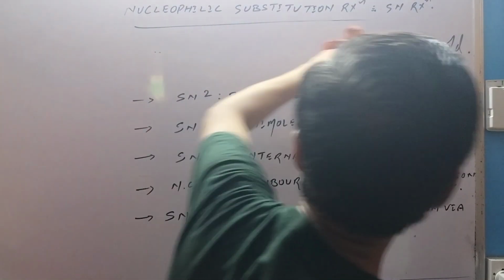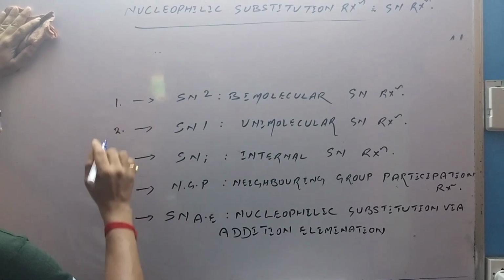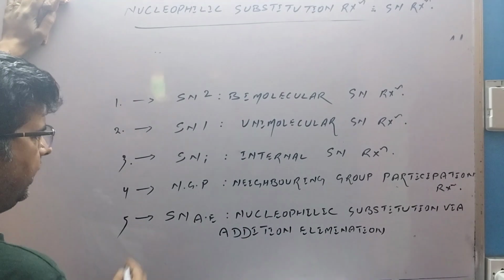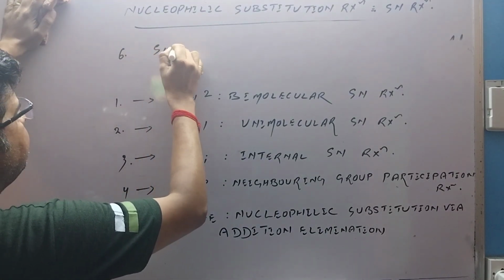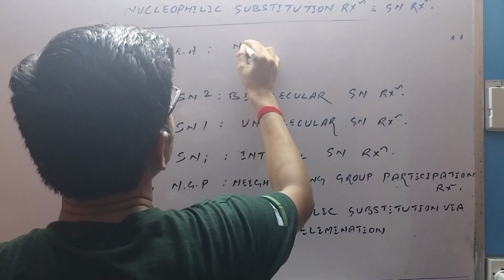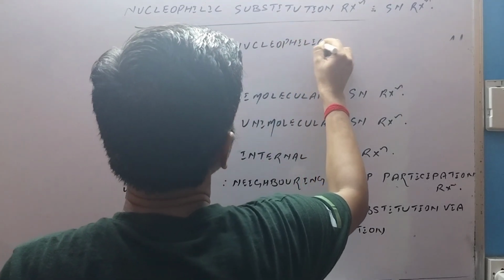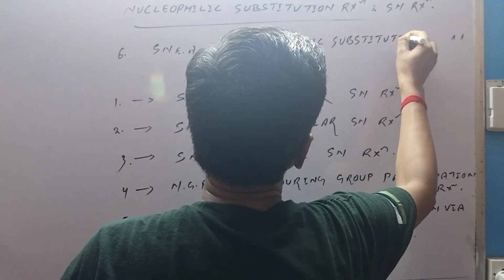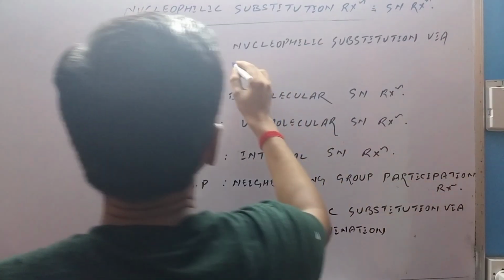This is first one SN2, second one SN1, third SNi, fourth NGP, fifth SNAE, and the last, sixth, is SNEA, nucleophilic substitution via elimination addition.